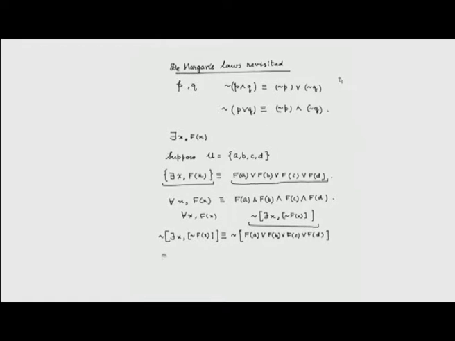Now, we can use De Morgan's law and write that this is equal to, I am sorry, I have to make a small change over here.